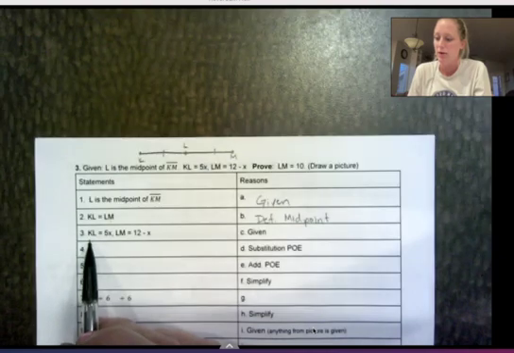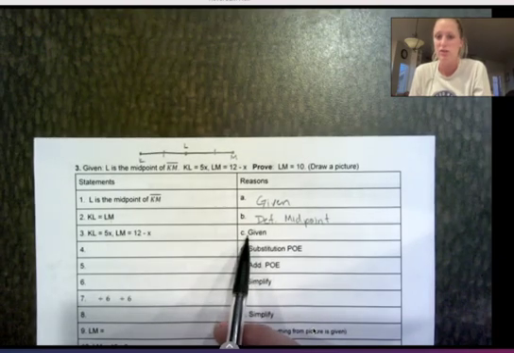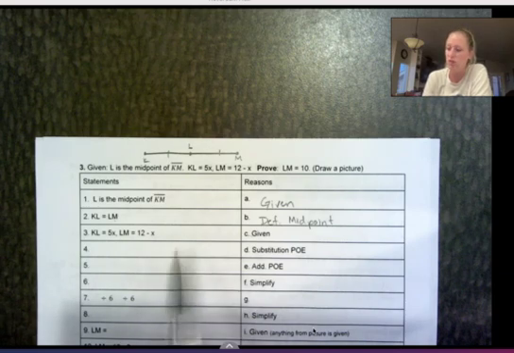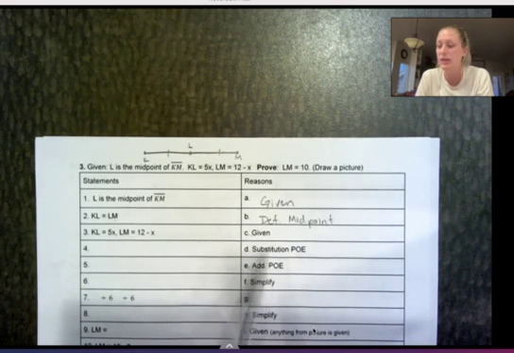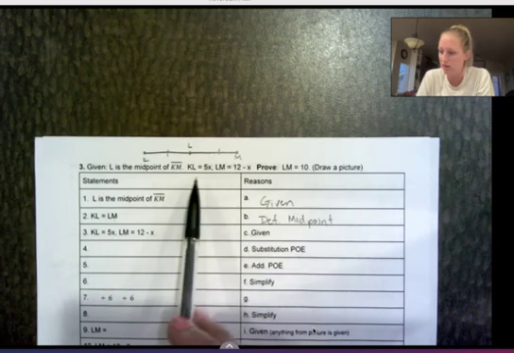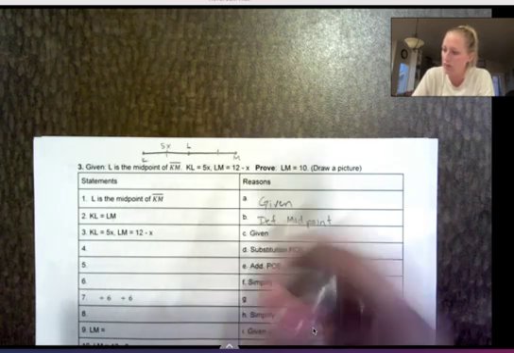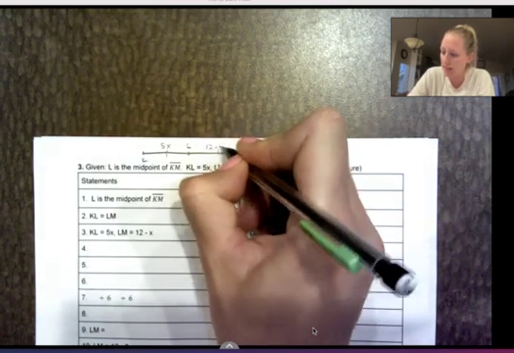Okay? All right, now here, I have another given. You could have stated this all up front. They chose to do it a little bit different. That's okay. Usually I like to do all my givens first. As long as they're there, we're good. So I have another given. KL is 5x. So I'm going to add that to my picture here. KL is 5x. LM is 12 minus x.